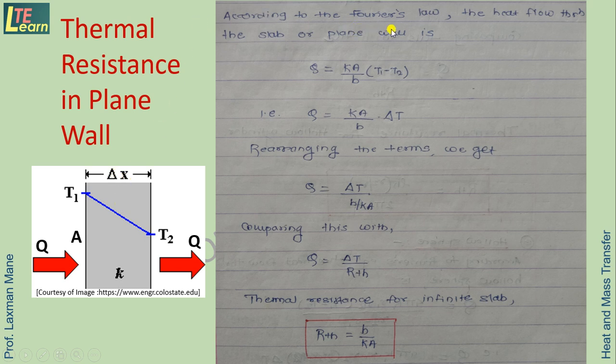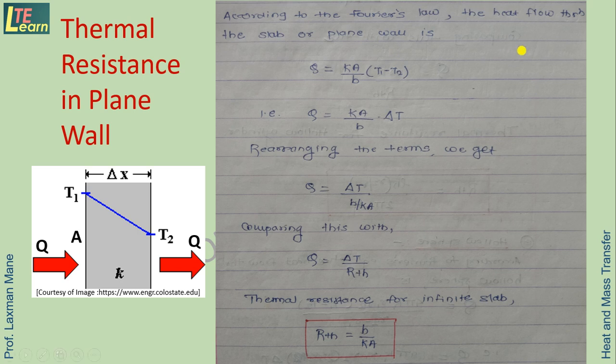Now according to Fourier's law, the heat transfer through the plane wall is Q is equal to K into A into T1 minus T2 divided by B. So T1 minus T2 is delta T, divided by B, which is the distance. So delta T by B means temperature gradient.